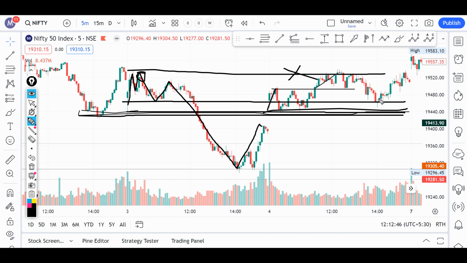Some days you will get a jackpot of 100 points or 200 points or 500 points. Maybe Bank Nifty runs 500 points also. But as an option buyer, you are looking at something really important, which is 20 to 30 points in a trade. Maybe your SL will be 10 points or 15 points, so it is a 1 to 1, 1 to 2 kind of thing.